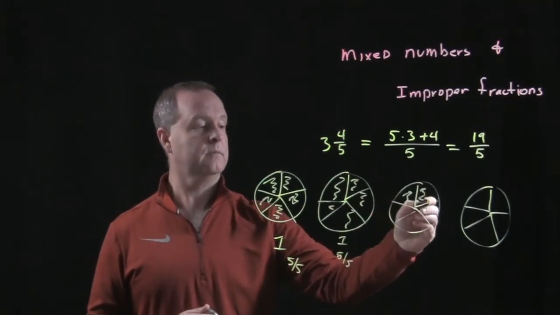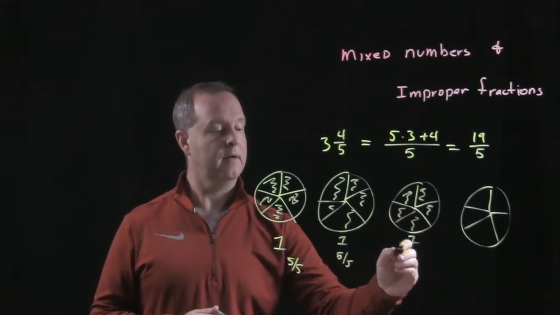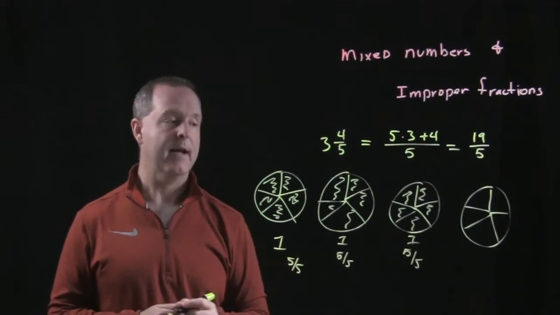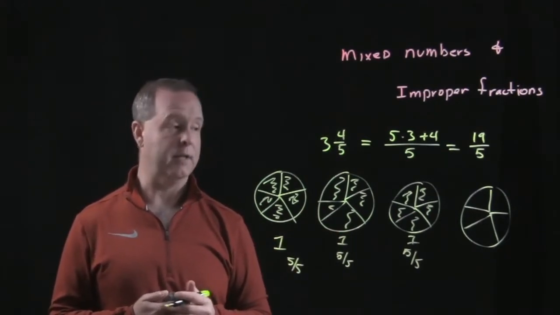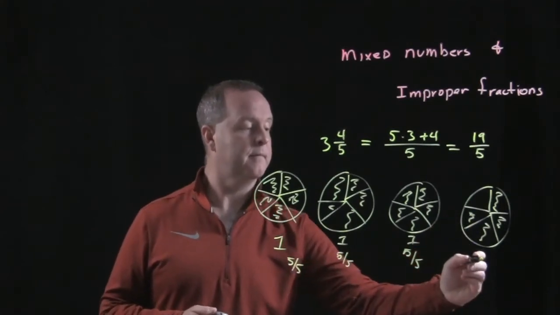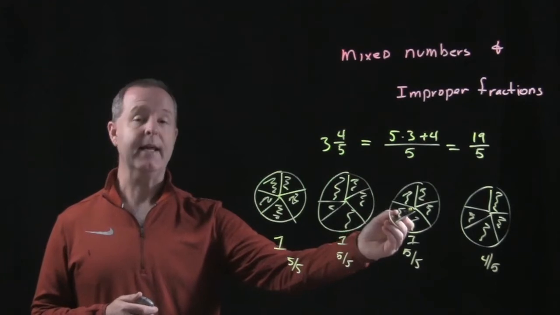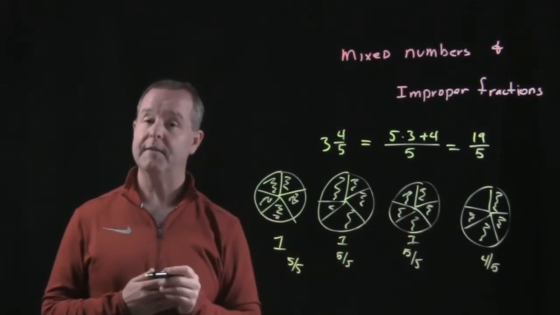Likewise, one whole piece, 5/5 of it colored in. And the last one, I only have a fractional part of it colored in. I only have 4/5 of them all colored in. So I have 3 whole pieces and 4/5 of a piece.